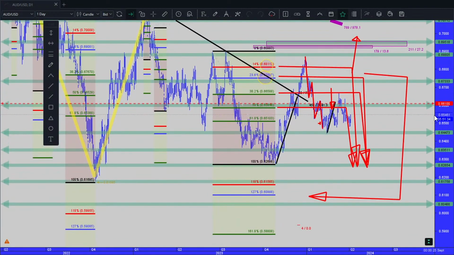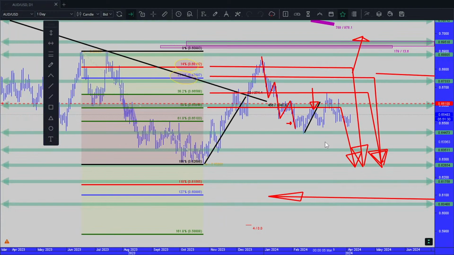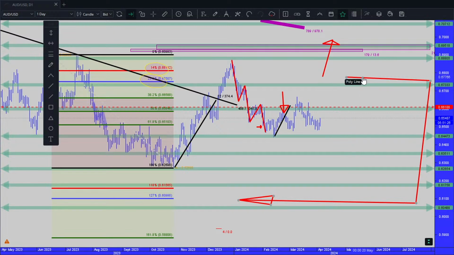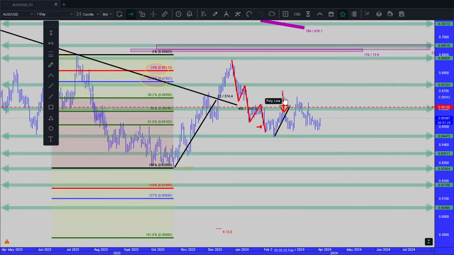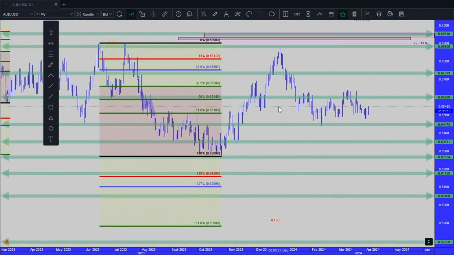The Fibonacci is down. Perfect example. We're going to clean up the chart a little bit.